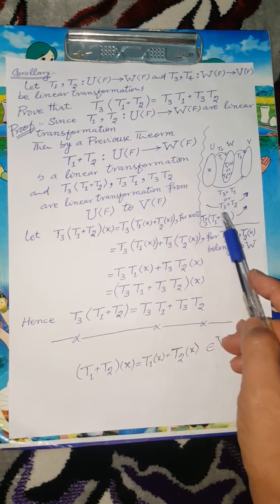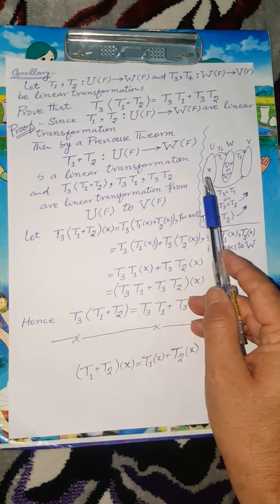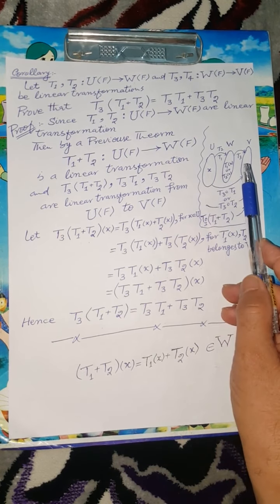The composition of T3 and T2 is a linear transformation from the vector space U to the vector space V.